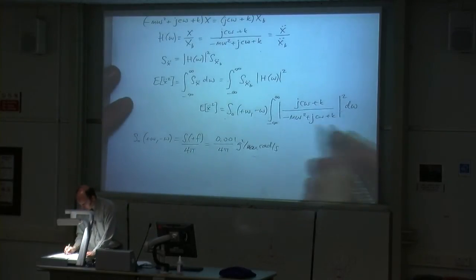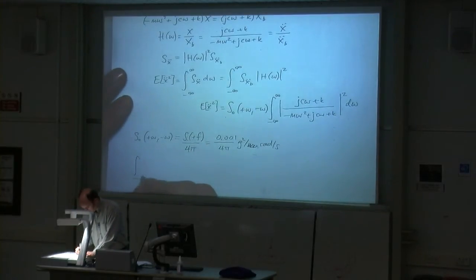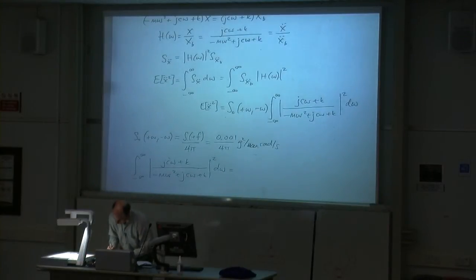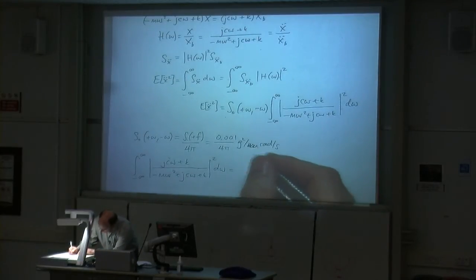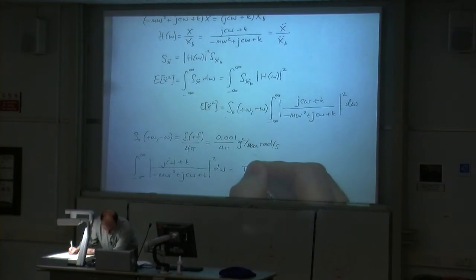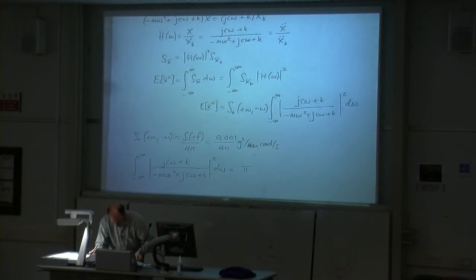This second bit here, the integral from minus infinity to positive infinity of jc omega plus k divided by minus m omega squared plus jc omega plus k, squared. Well, this is where we use our solution to that integral. And we know the solution to this bit. We've got pi, and then we have the equation that we have on the formula sheet, which I'll just access briefly.